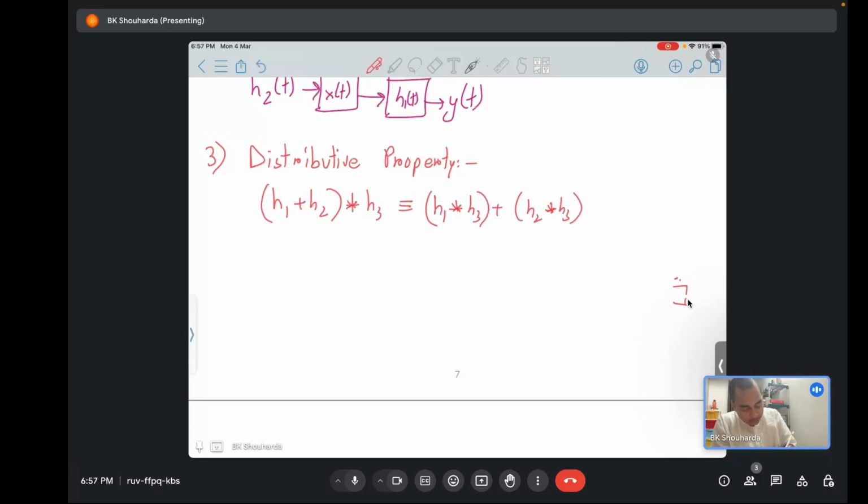So how will it look like? You have h1 of t, this box and this box, they add, and this goes into h3 of t.